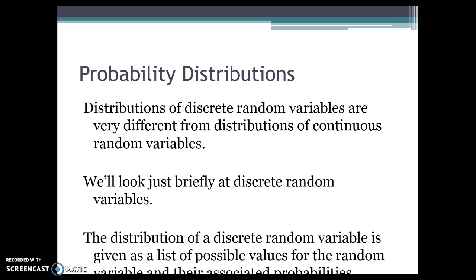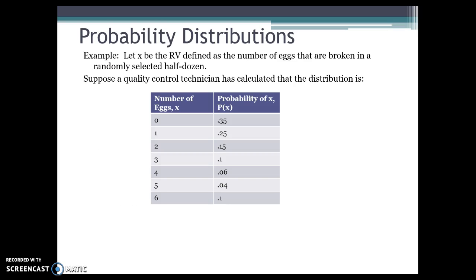So we're going to look right now just very briefly at discrete random variables. This is an example of one. With a discrete random variable, the ones we're going to look at anyway, you just see a list of possible values for x, and then a list of their associated probabilities. In this case, we've got the number of eggs that are broken in a randomly selected half dozen eggs.